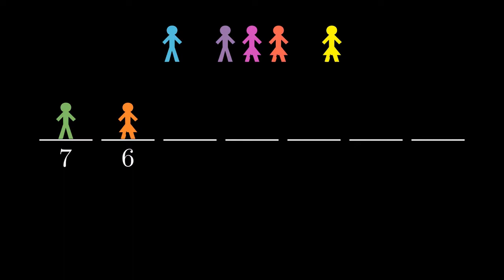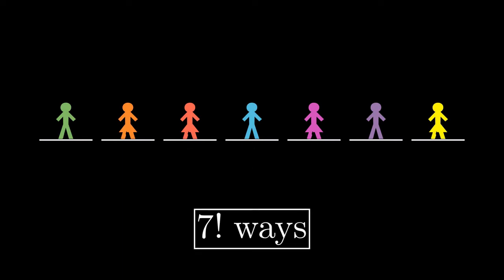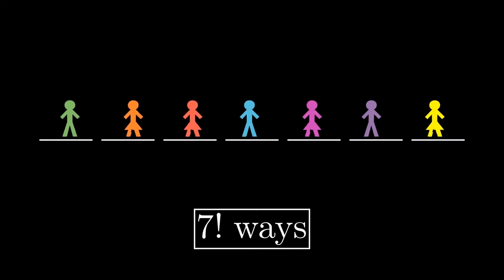So there's 6 ways to choose that one, and so on. There's a basic permutation of 7 items, and there are 7 factorial ways to arrange that. That's part A.